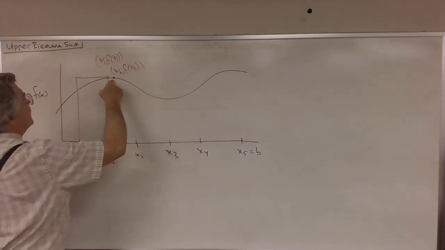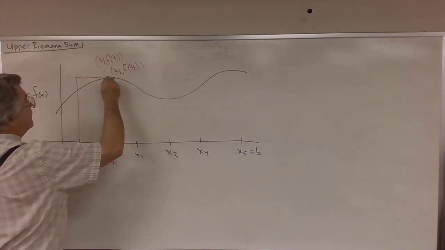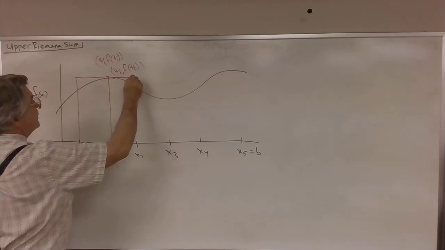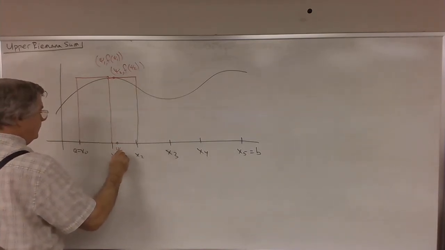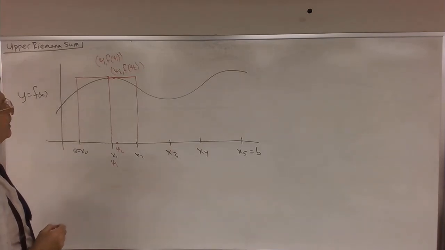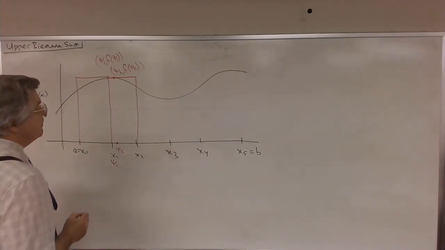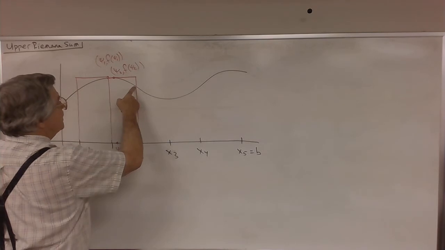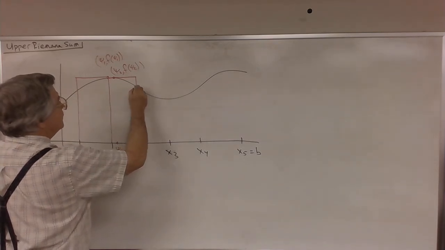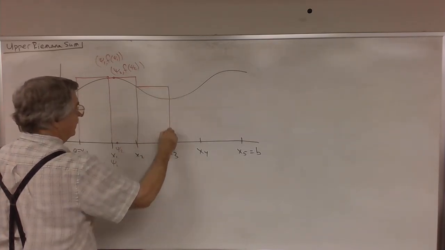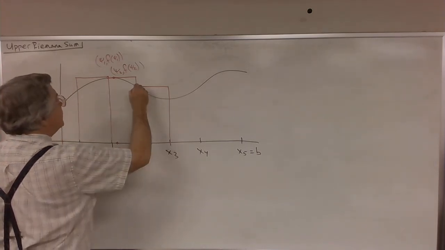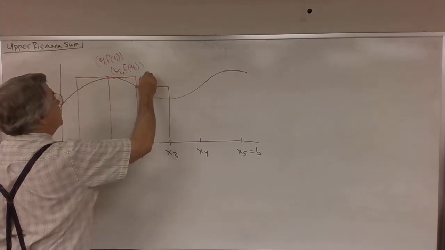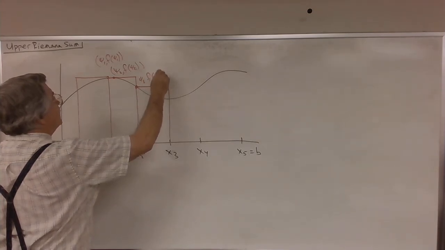Let's say this is where f of x attains its largest value in the second subinterval. And in the third subinterval, clearly, right here is where f of x attains its largest value. So this is psi 3, f of psi 3.